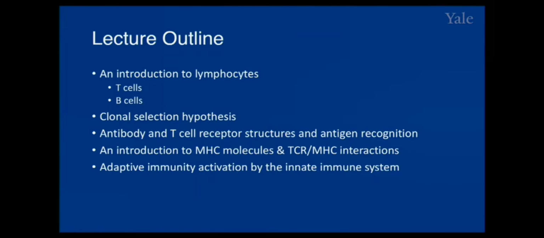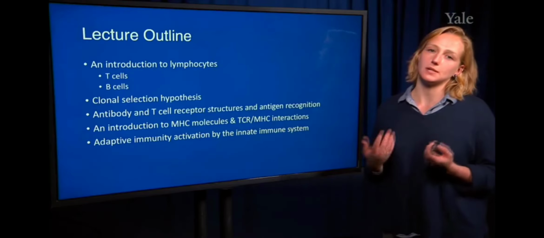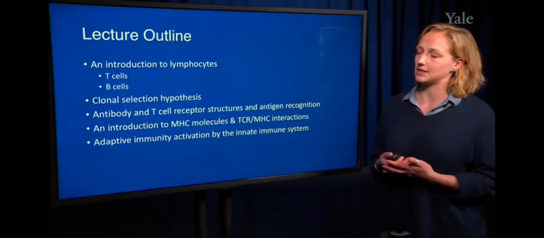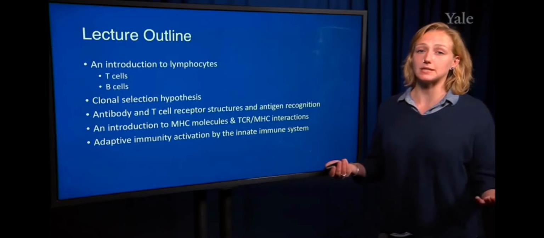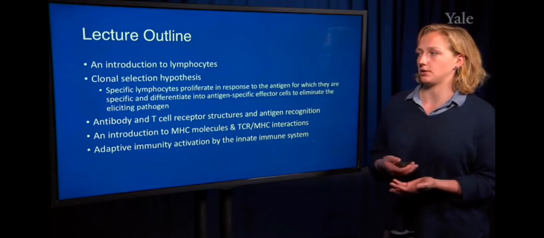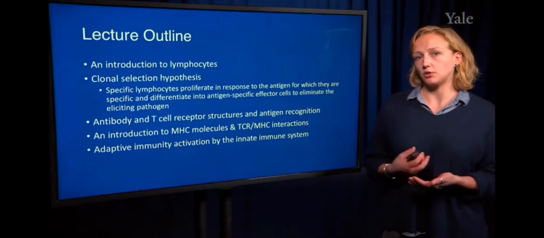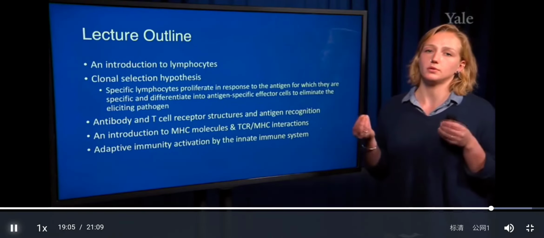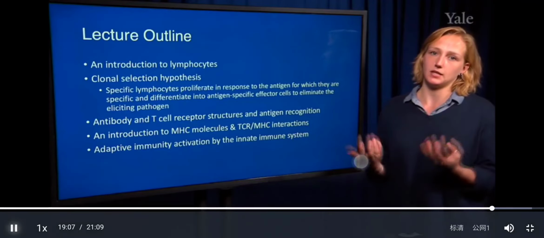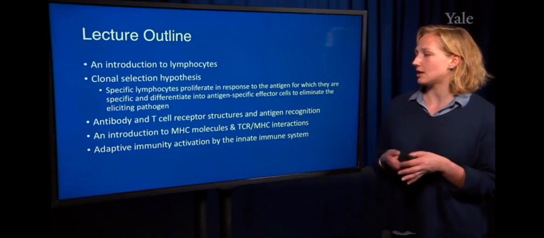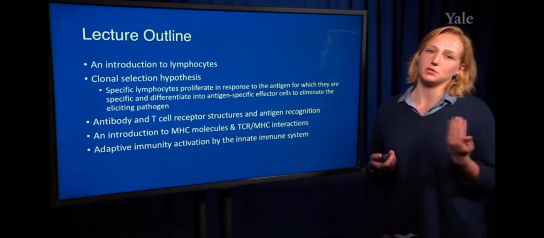And we also talked about B cells, which either express B cell receptors on their surface or secrete these molecules as antibodies. We also talked about the clonal selection hypothesis, which states that lymphocytes that are specific for an antigen will be activated and differentiate and proliferate in response to the presence of that antigen, and then will act to eliminate that specific antigen.